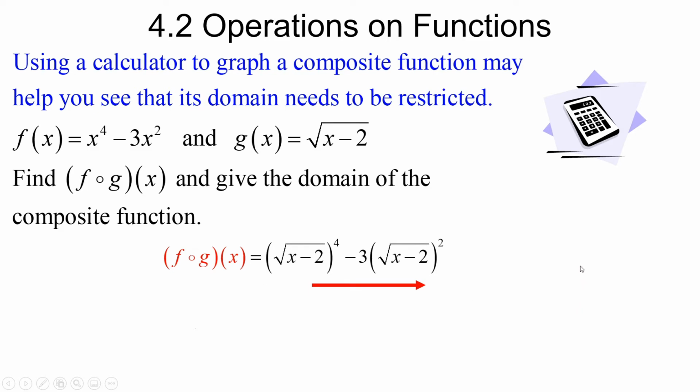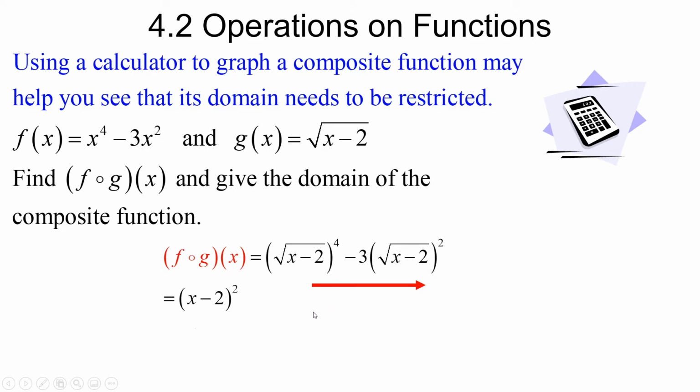Now I'm going to simplify this. The first term, by laws of exponents, the square root of x minus 2 is actually x minus 2 to the 1/2 power. And I hope you know that x minus 2 to the 1/2 to the fourth, that would be a power of a power, and that would give me an x minus 2 quantity squared.